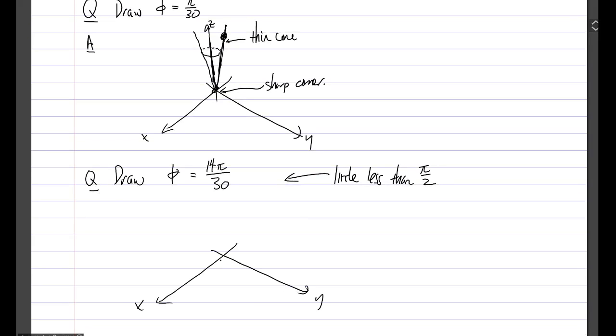X, Y, Z. Now the angle should be created by a point, a point, you take any point, and when do we include a point? When you connect that point to the origin, and that line segment forms an angle with the positive z-axis, and that angle should be just a little less than pi over 2. So what should that look like?